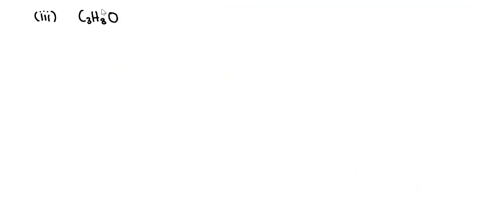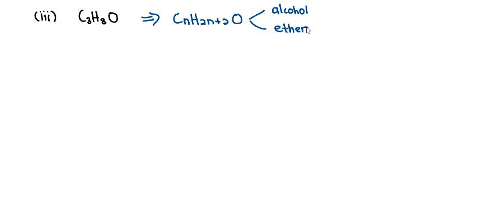Next, let's have a look at C3H8O. The general formula for this molecular formula is CnH2n+2O. From the general formula, we know that it can be an alcohol and also an ether.